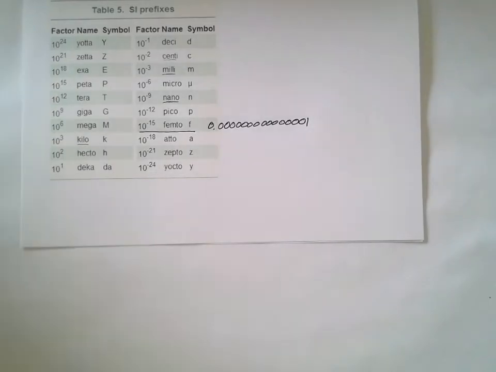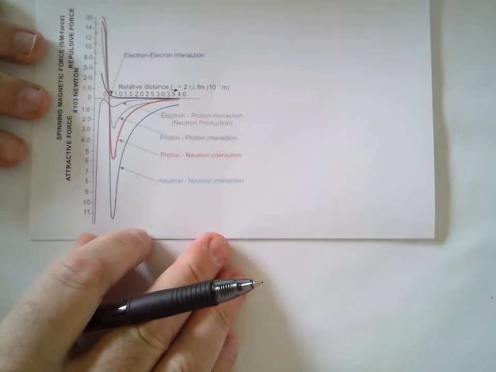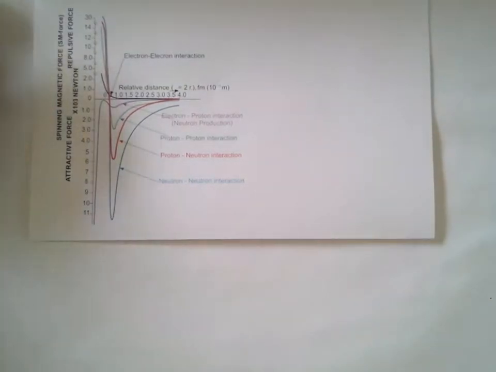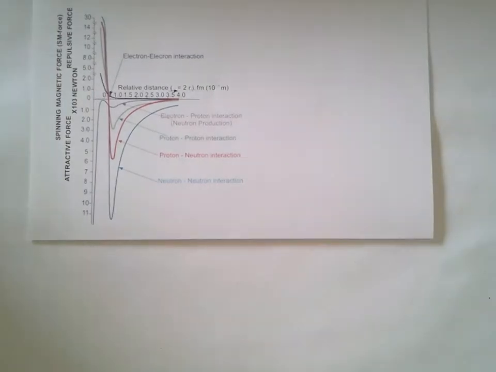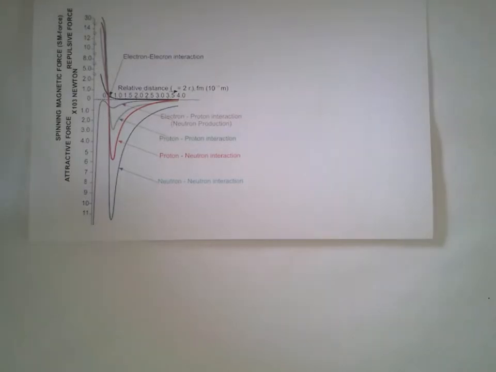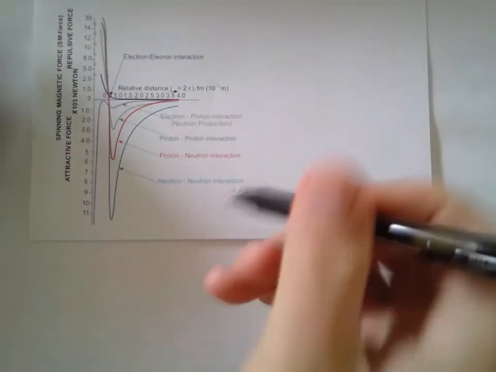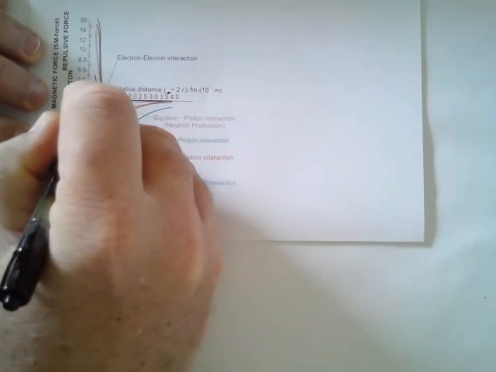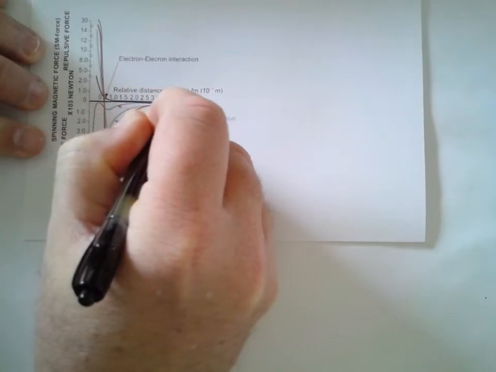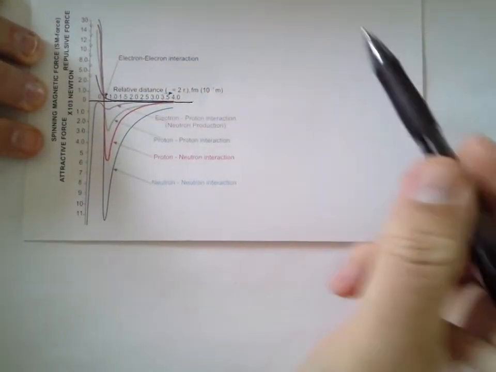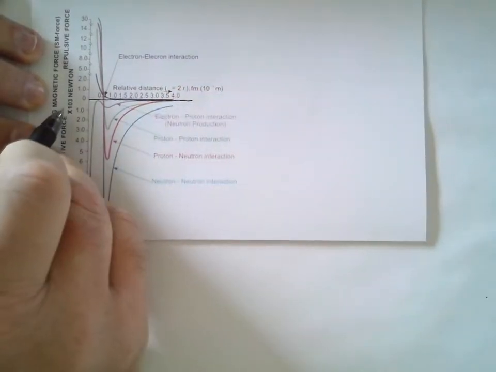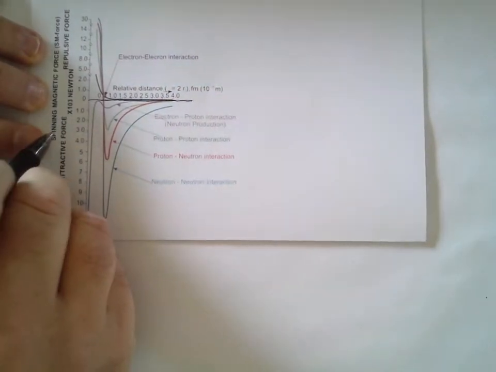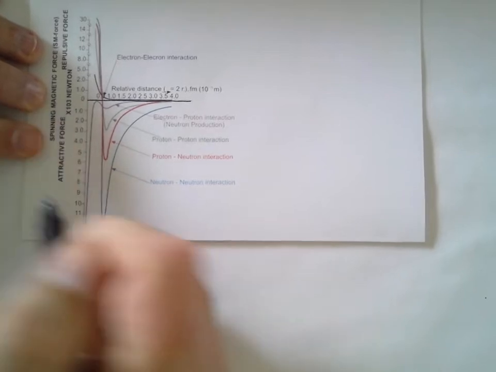All right, so the chart that I showed you on the previous slide is this one right here. As we look at it, we're going to see a relationship. We have our distances, and it says relative distance here, so this is our distance line. And then we have our forces. It says 103, but really this is 10 to the 3.